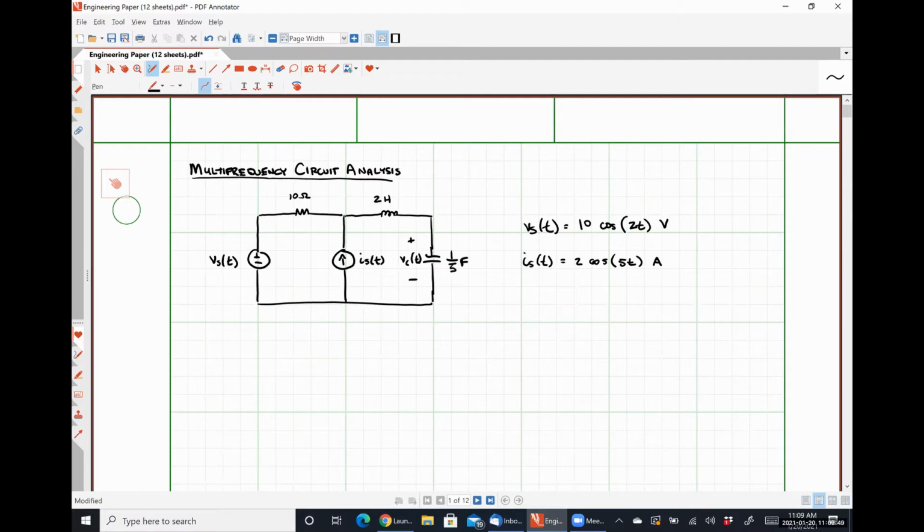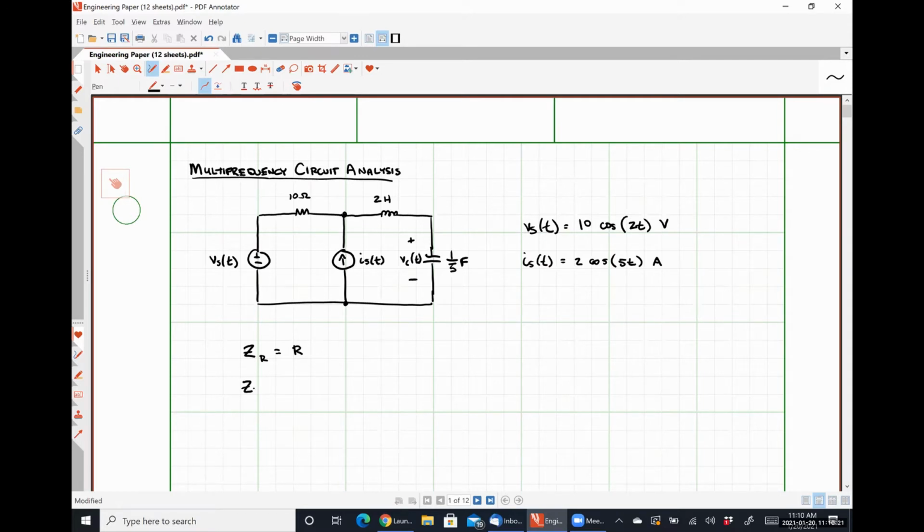So what does that mean with regards to the impedance of our, say, inductor or capacitor? As a refresher, the impedance of a resistor is the resistor value itself, so it should be entirely unaffected by being placed in a multi-frequency circuit.